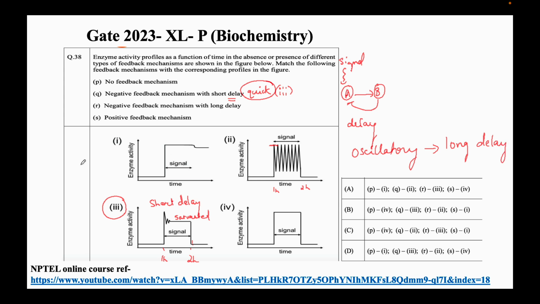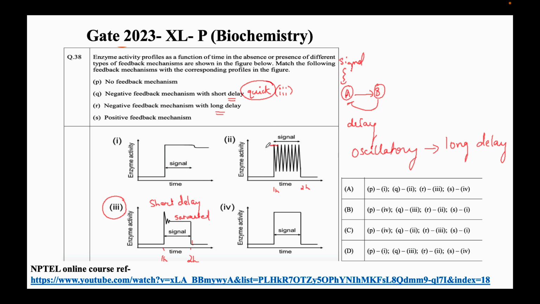because there is a delayed feedback, there is a delayed negative feedback mechanism to A, which leads to the rise in the enzyme activity, okay, and after the delay it is again decreasing, okay. So this type of activity is shown by long delay.